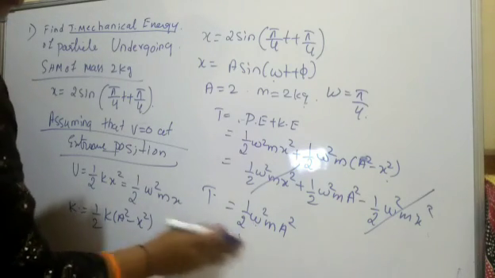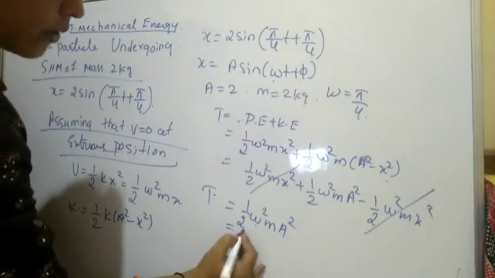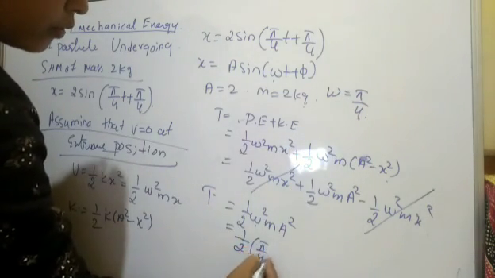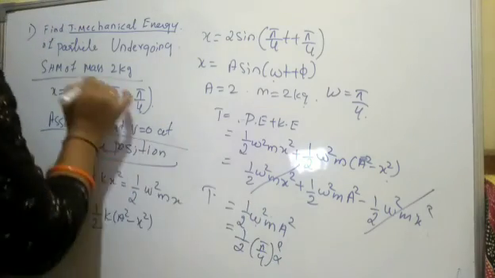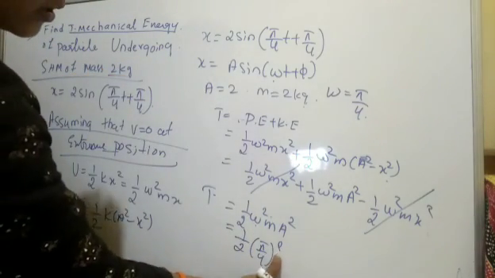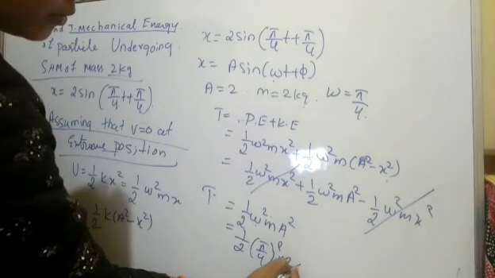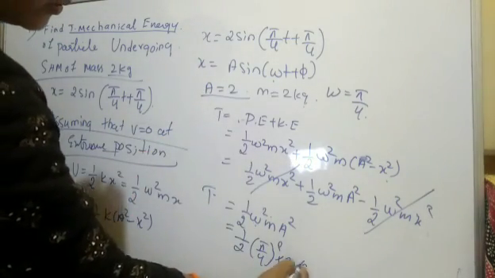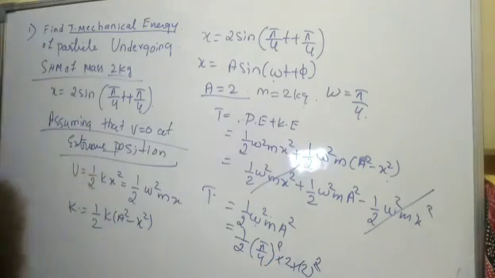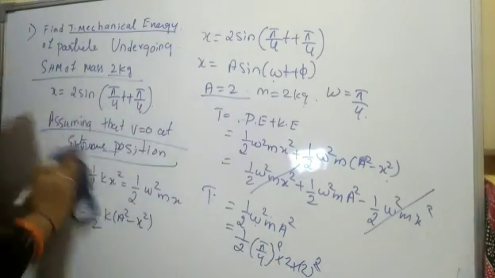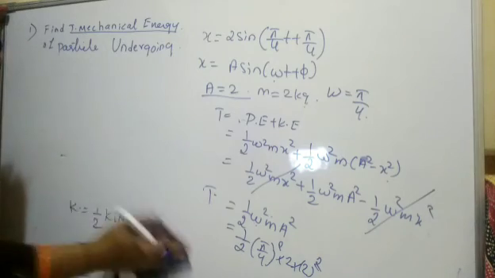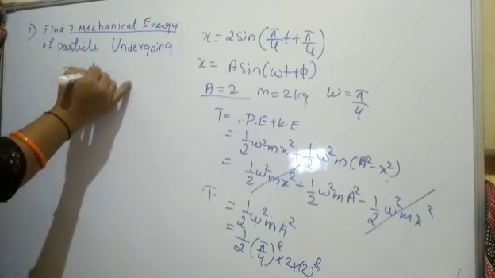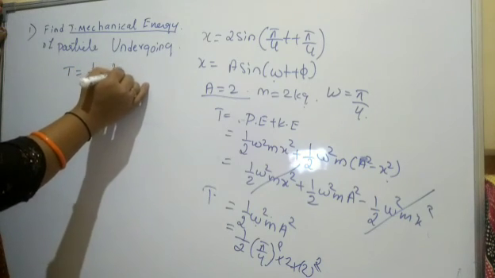In place of omega, I am going to write pi by 4 whole square. m is 2 kg, so into 2. a square is given as 2, that is 2 whole square. Now we'll go ahead with the final expression. Total energy is 1 by 2 omega square m a square.